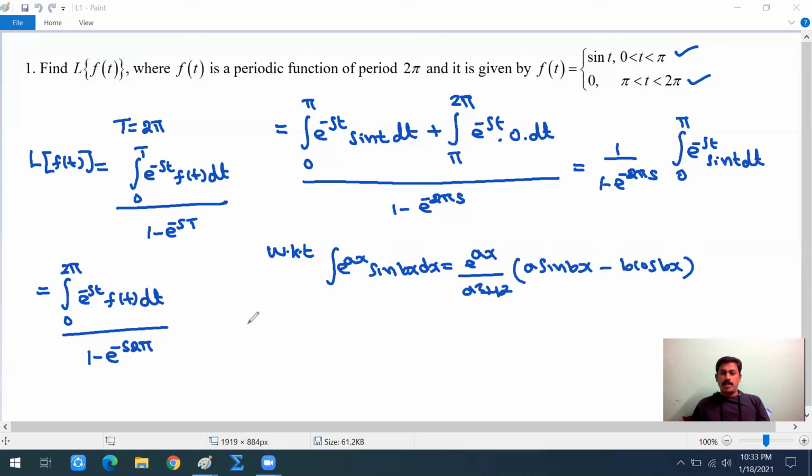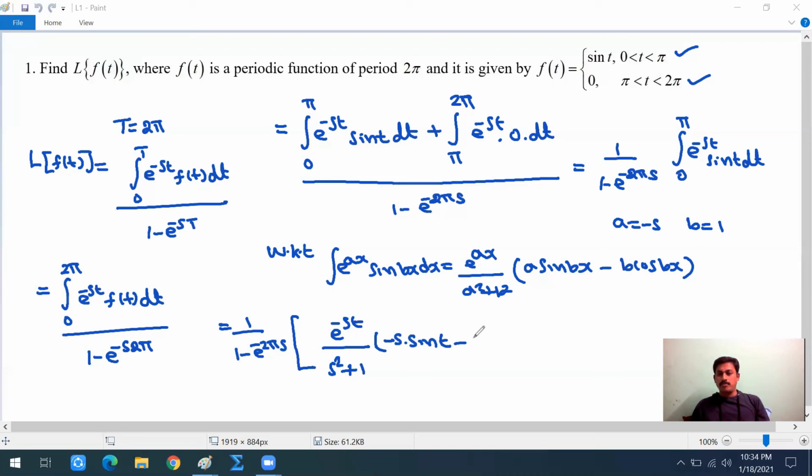Applying this formula here, we will get 1 by 1 minus e power minus 2 pi s into e power minus st divided by, here the a value is minus s, b value is 1. So we will get minus s the whole square is s square, plus 1, into minus s sin t minus, b value is 1, cos, b value is 1, into t.